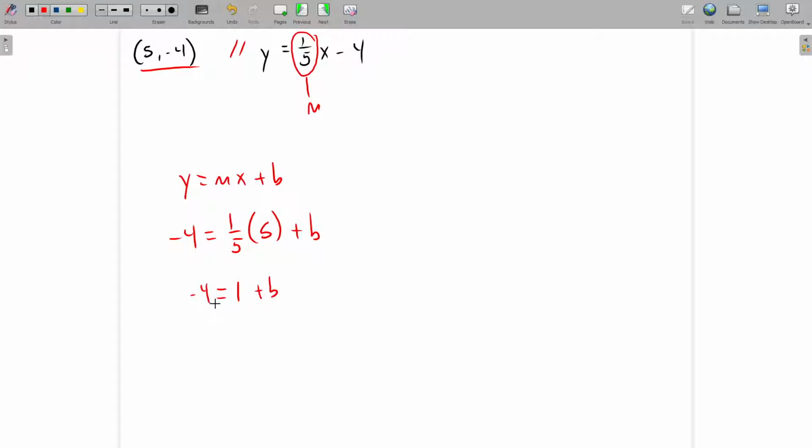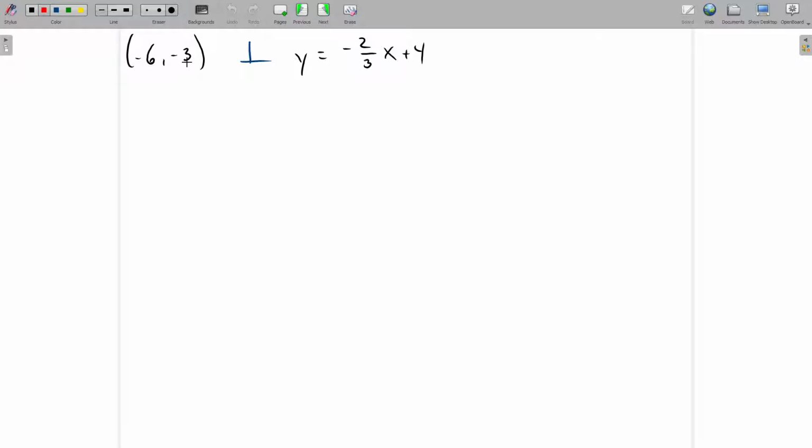So subtracting 1 from both sides, we're going to get b is equal to -5. So our equation of a line that's going to be parallel to this and passing through this point is going to be y equals the same slope, 1/5, x minus 5. All right, so this is for parallel, where we are given a point in a line. What if we're given a point in a line and we want something that is perpendicular?